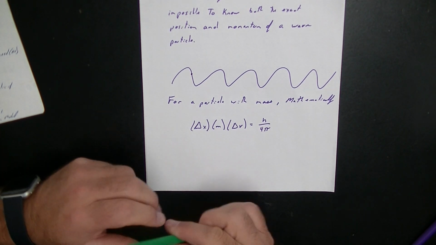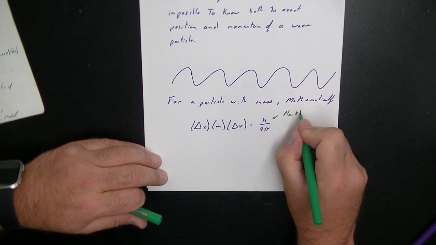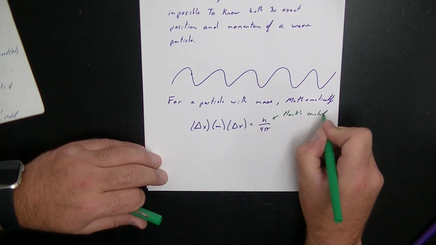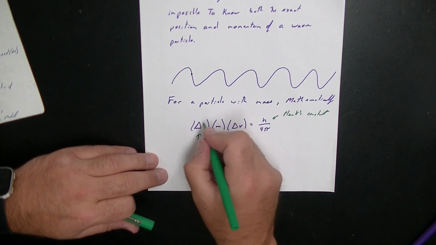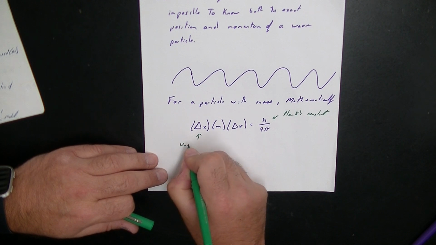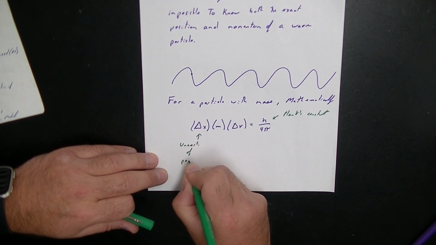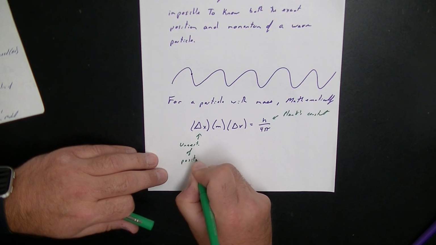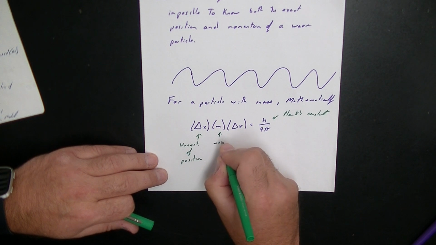H is Planck's constant. This delta x, or change in x, is the uncertainty of the position of the particle. m is mass.